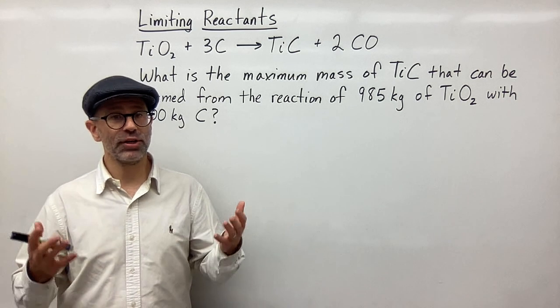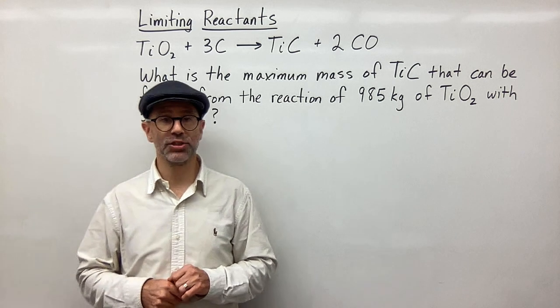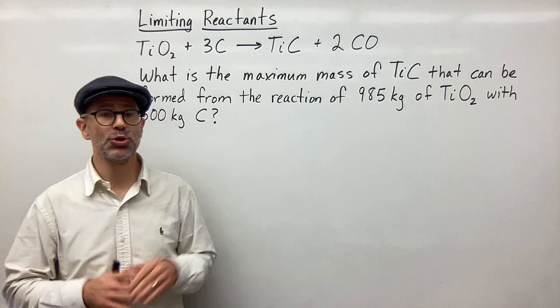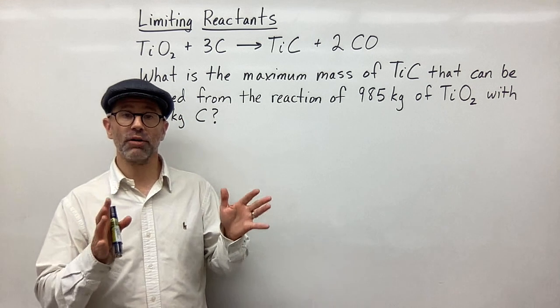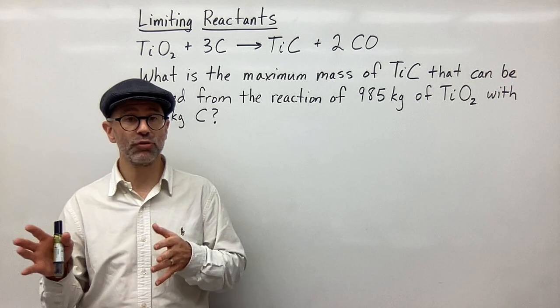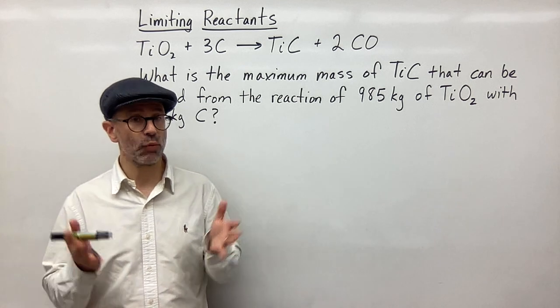There are a couple of ways that you can figure out what the limiting reagent is. One way is you can convert both of the reactants to moles if they haven't given you moles already, right?